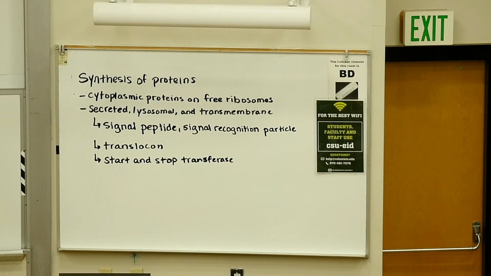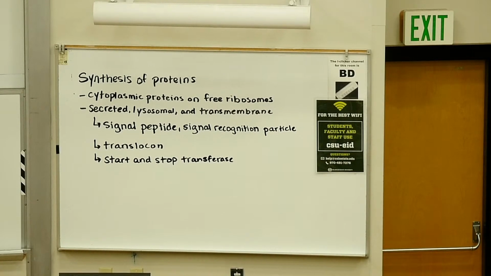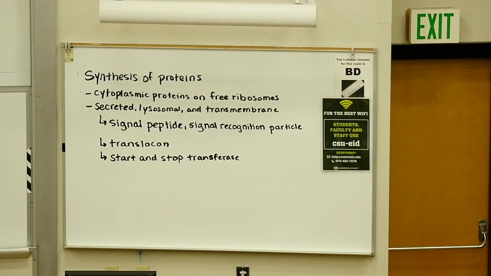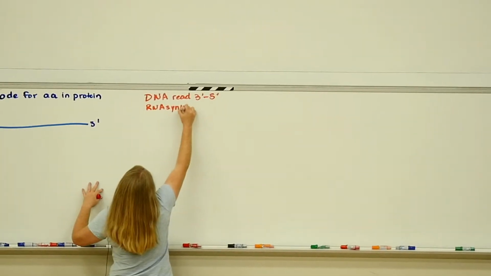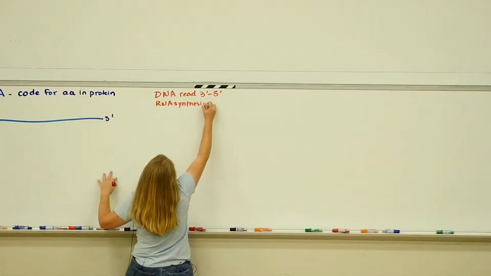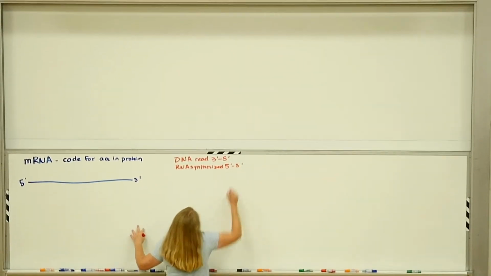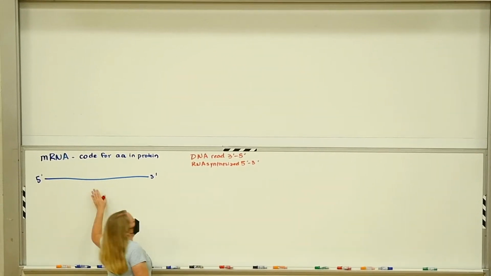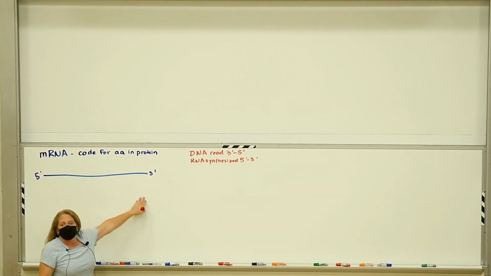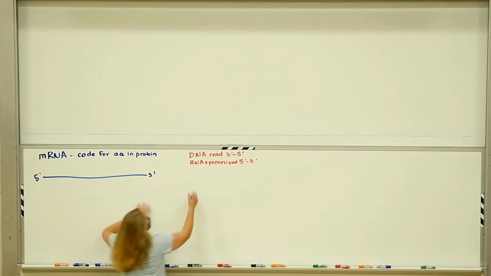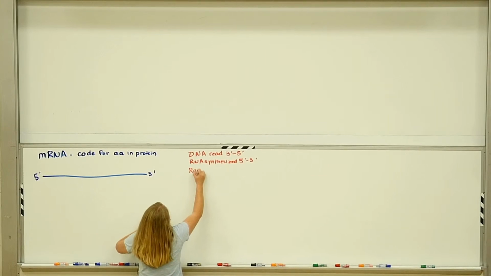Just to reiterate this, we always read DNA 3 to 5. We synthesize RNA 5 to 3 because we're making it complementary and anti-parallel to the DNA it's reading. When we read mRNA to find the codes for the amino acids, we're going to read that 5 to 3.